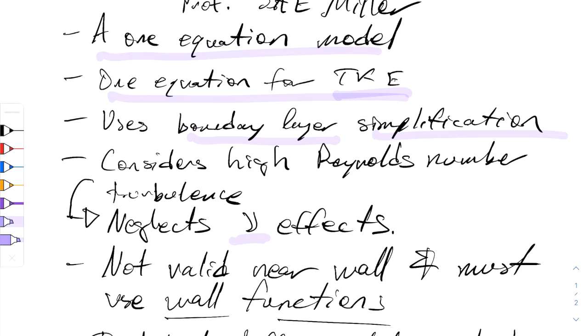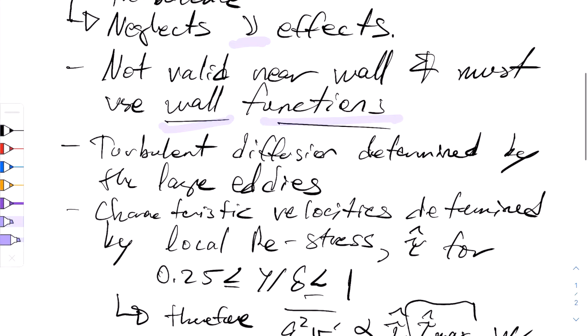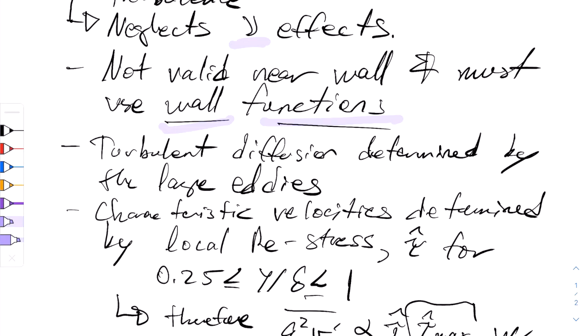As we know, near the wall of the boundary layer, the viscous effects dominate, and therefore this model is not valid near the wall of a high Reynolds number turbulent boundary layer, and therefore we must use wall functions, which are classically used in many types of flows. This is good, of course, because it saves computational expense. But you have to assume something about the form of the turbulent boundary layer and the viscous subregion near the wall, which can affect your entire solution.